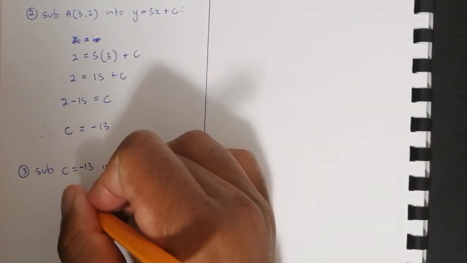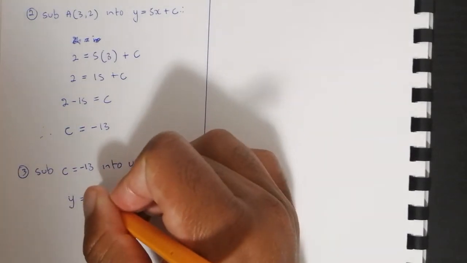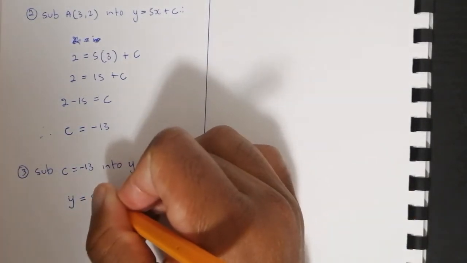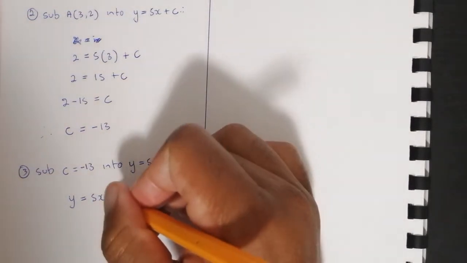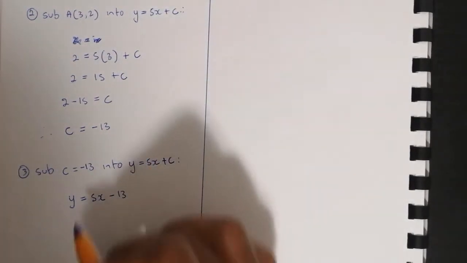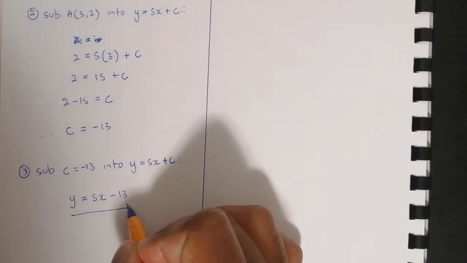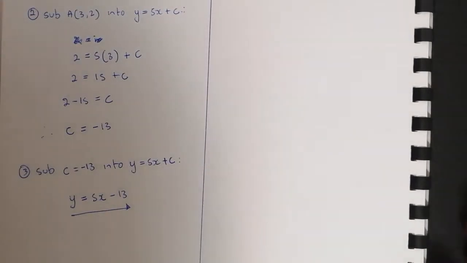Then we have y equals 5x minus 13, and that is our equation of a straight line.